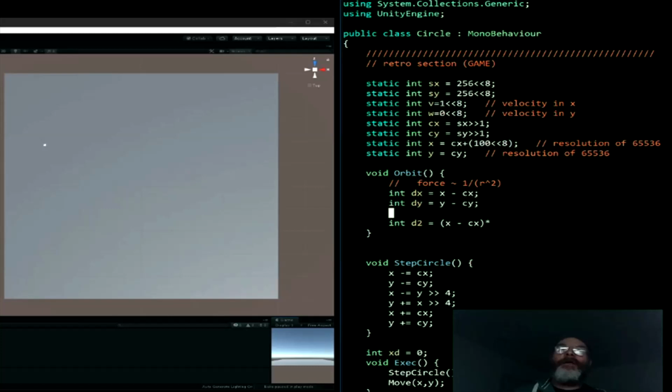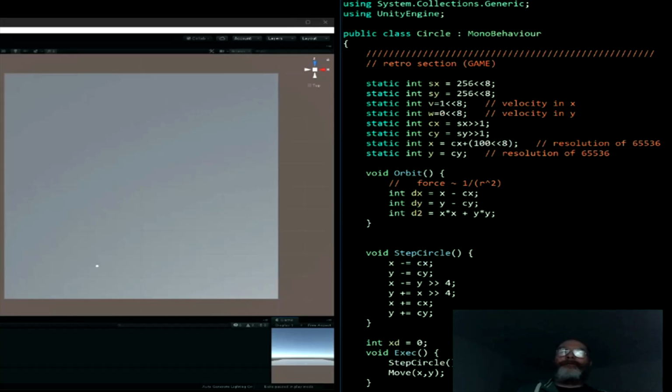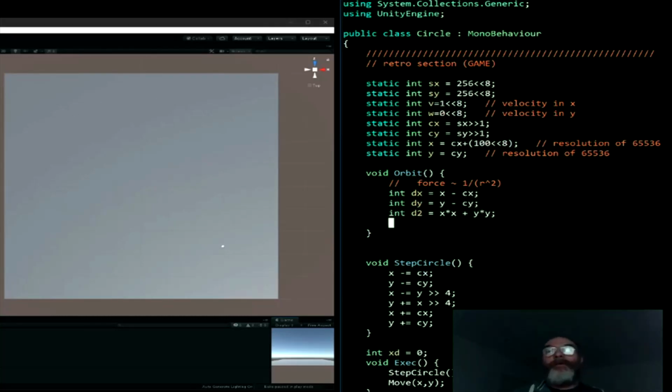And then we can do the same here with dy, and that's y minus cy. Hurrah. And then d squared is simply going to equal dx times dx plus dy times dy, because there is no square function. Sometimes I wish there was, but anyway, there we go.